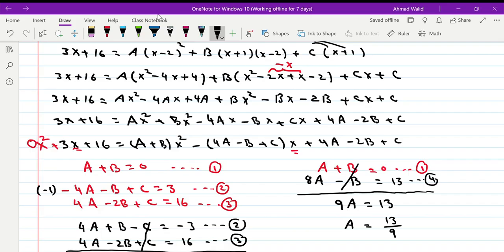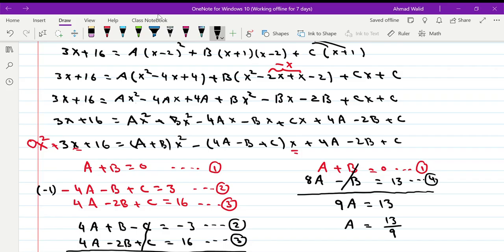Everything looks great. 4ax plus 4a plus bx squared minus b, minus bx minus 2b.